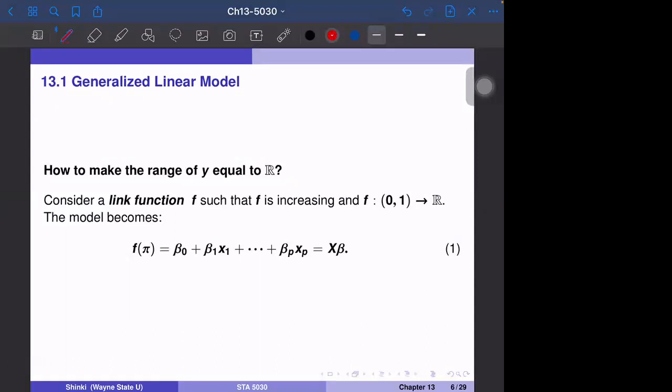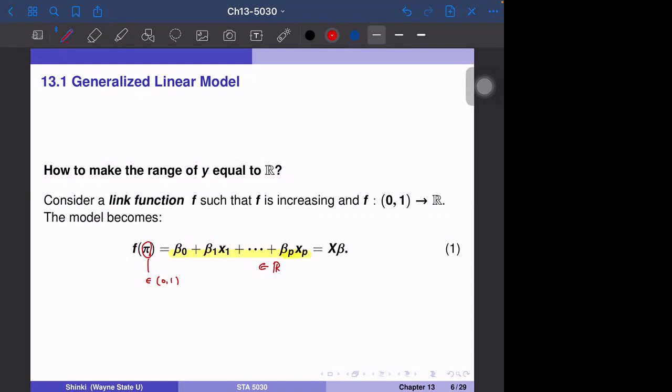Another problem is that the linear combination of the intercept and x1 to xp basically ranges from negative infinity to positive infinity. But pi is a probability, so it ranges from 0 to 1. So we have some trouble.